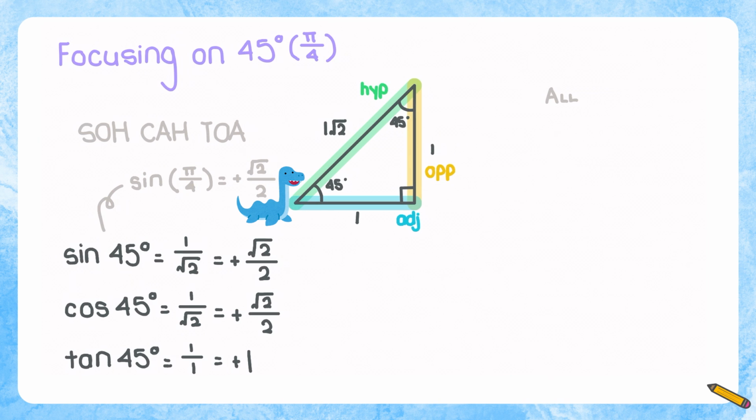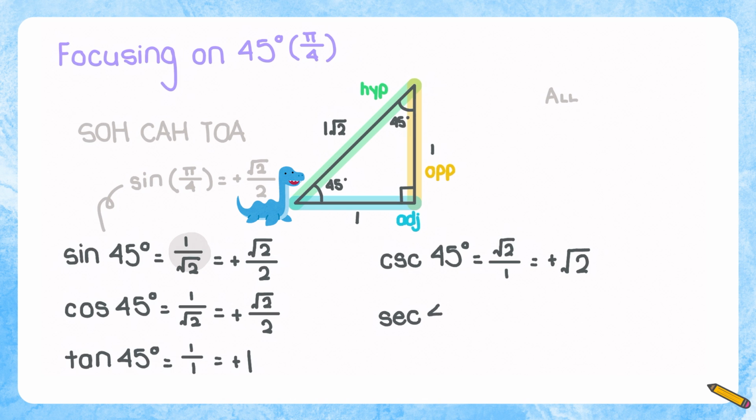And we're going to find the remaining 3 trig values using the fact that we have reciprocal functions. So let's start off with cosecant of 45 degrees. So when taking the reciprocal, I'm actually just going to focus on this 1 over radical 2. And so the reciprocal of that would be radical 2 over 1, which is simply positive radical 2.